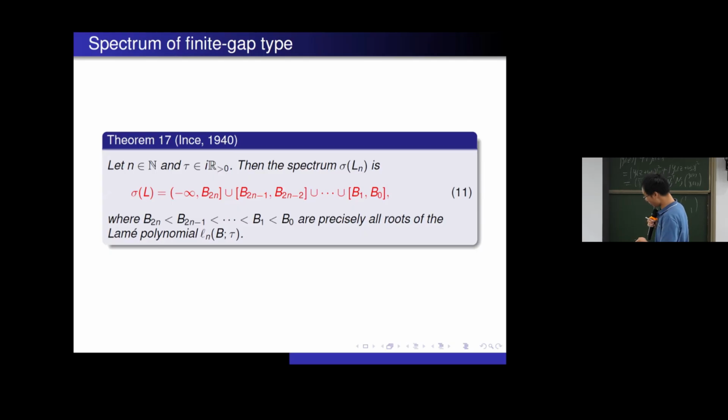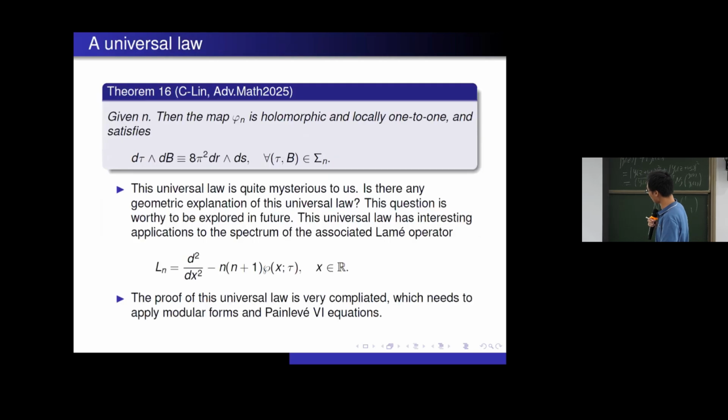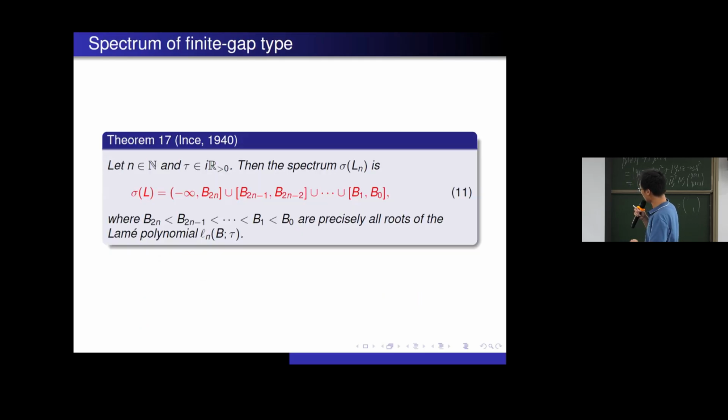That is, we know that the spectrum of the Lamé operator, in general, does not necessarily lie on the real axis. That is, the spectrum may be complex valued. But for tau purely imaginary, the spectrum is a subset of R and consists of finite closed intervals.